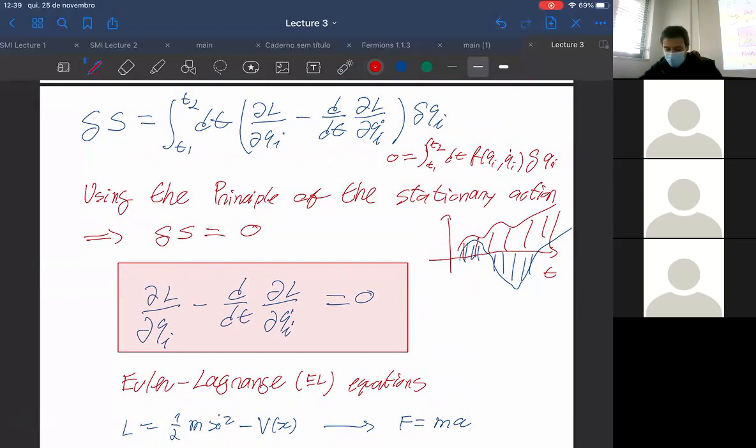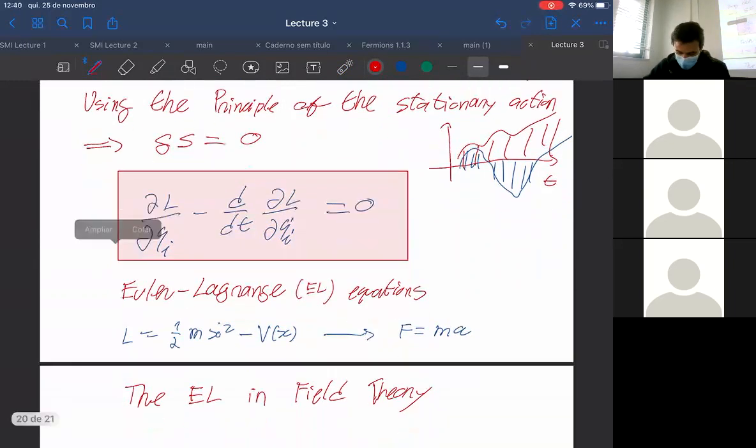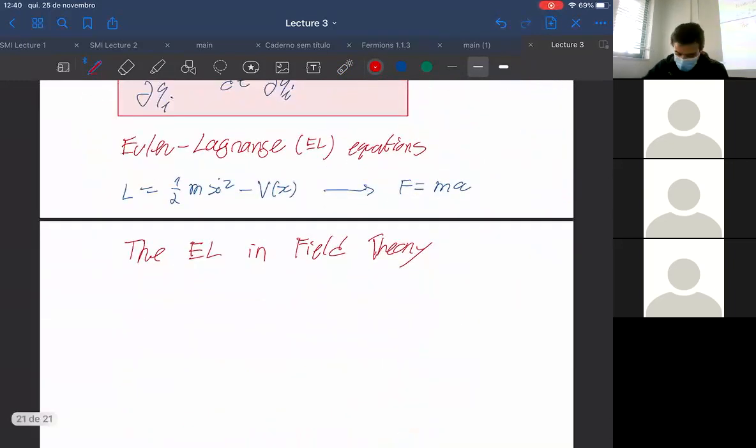But these equations are invariant. If you make the Lorentz transformation, it shouldn't change. But this was done in Newton's time. Now in field theory, it's a little bit different.